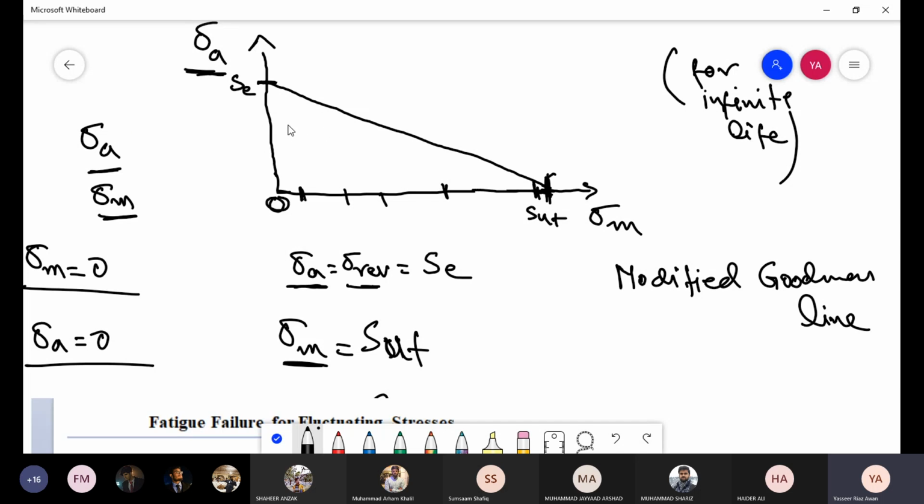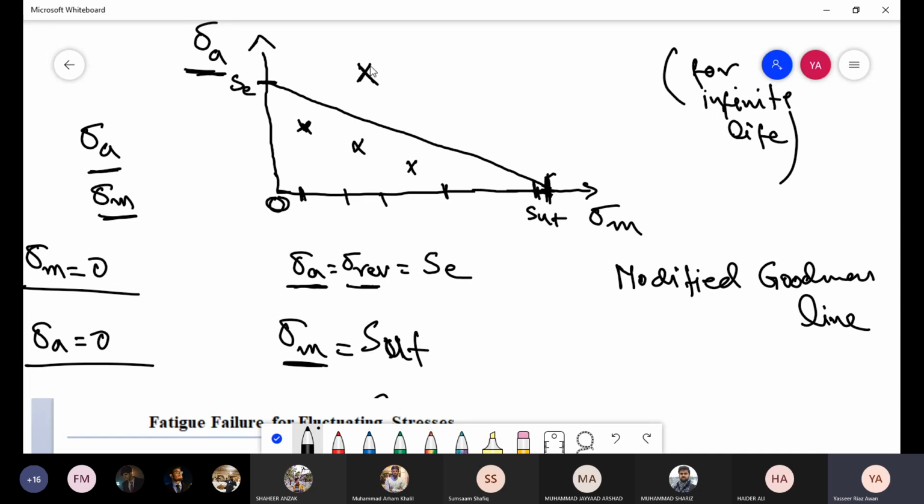And then on the figure, if you plot this and the point comes somewhere around here, that means it is safe. If it lies here, it is safe. But if you plot that point and it comes out here, that means it fails from the fatigue point of view. Fails means for infinite life.